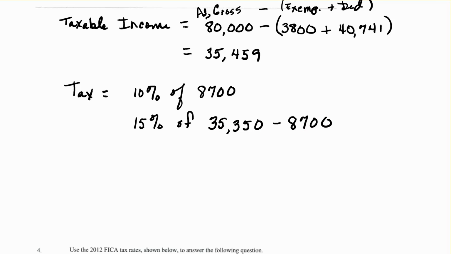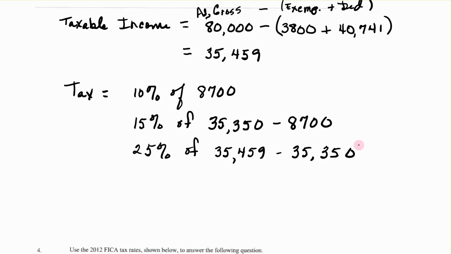And then finally you have to pay 25% of $35,459 minus the $35,350, and I'll explain this more.